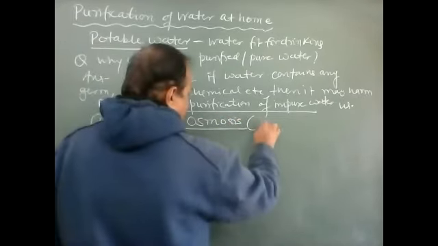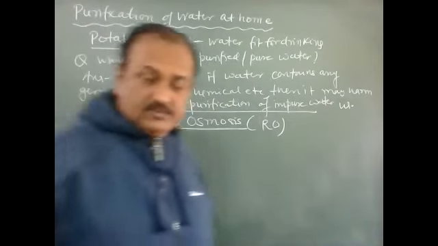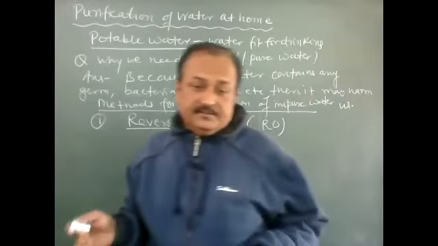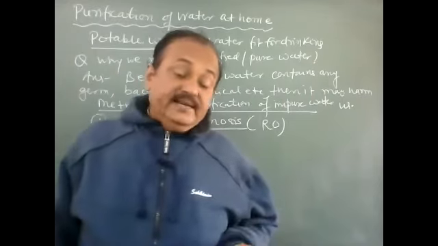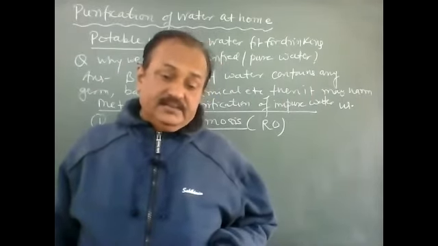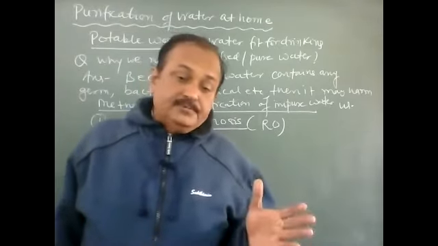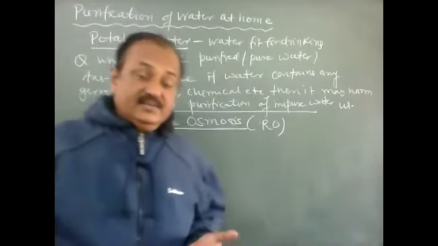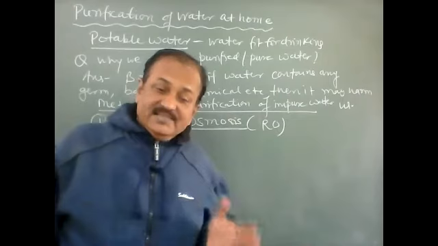Reverse osmosis, you all know, it is called RO. So there is RO plant. Most of us have an RO plant at our homes. So RO plant is an electronic device which removes the extra substances, extra salt, viruses, bacteria, etc.